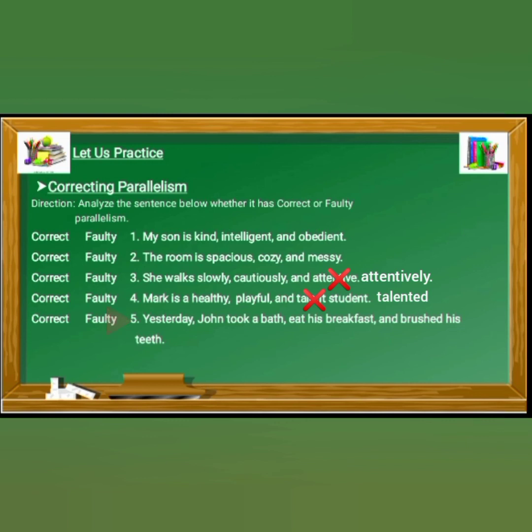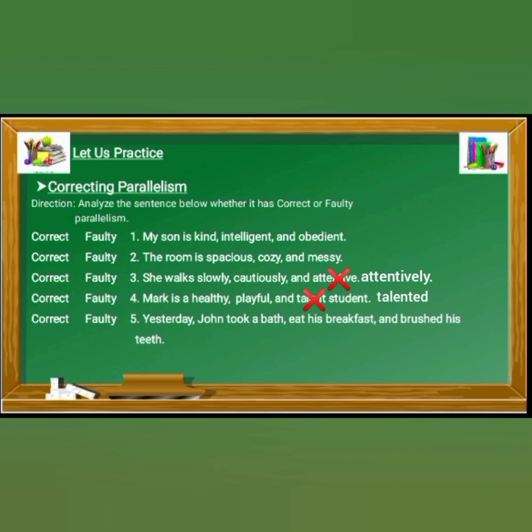Sentence number 5. Yesterday, John took a bath, eat his breakfast, and brushed his teeth. Is it correct or faulty? Again, if your answer is faulty, you're correct. The verbs took, brushed are all in the past form of the verb, while the verb eat is in the present tense, right?